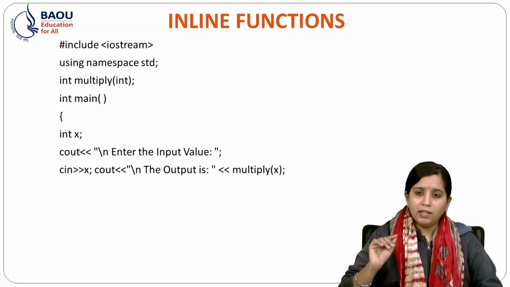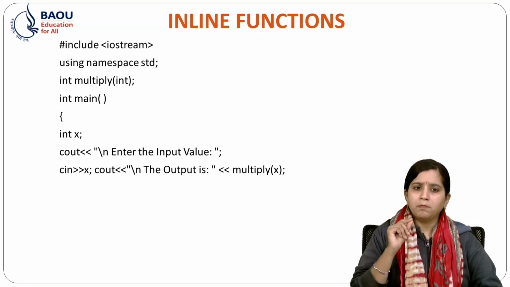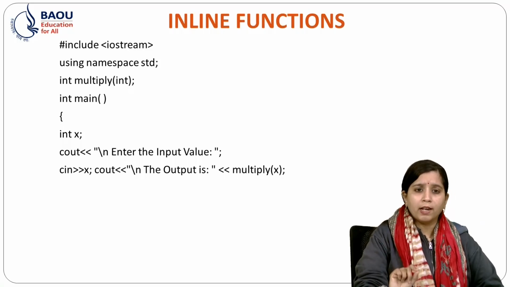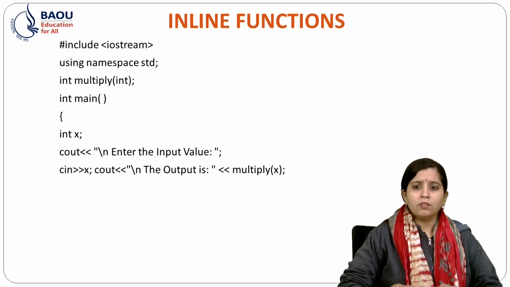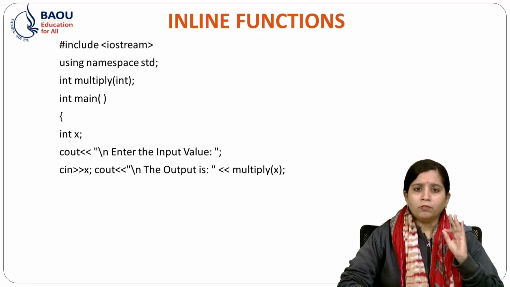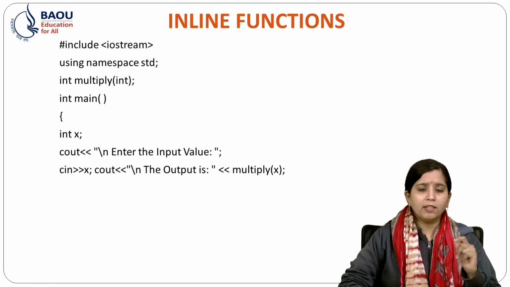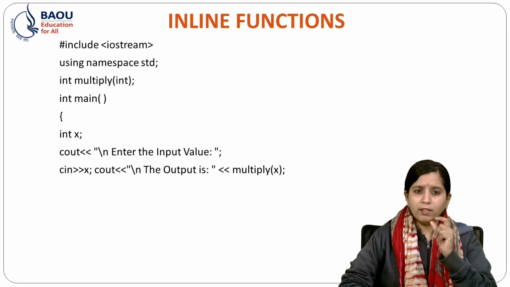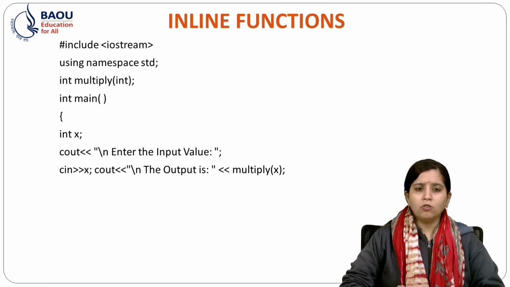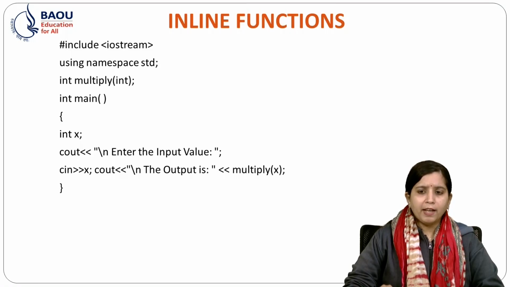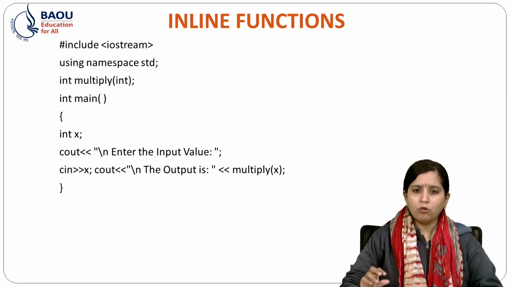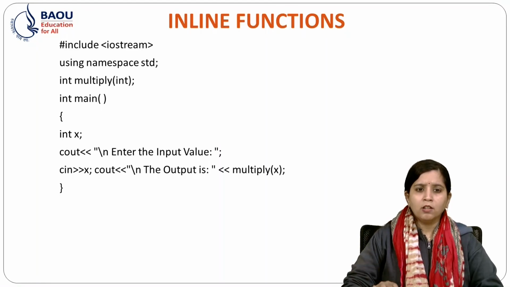In an inline function, the prototype is a must. First of all, we have to declare our function globally, that is int multiply, and the parameter data type is int. So in int main, I have int x, cout enter input value, and cin x. After that, the output is multiply x. So what is multiply x? We will see.